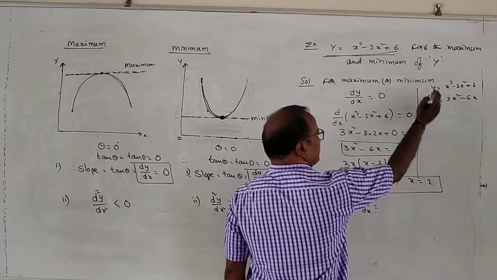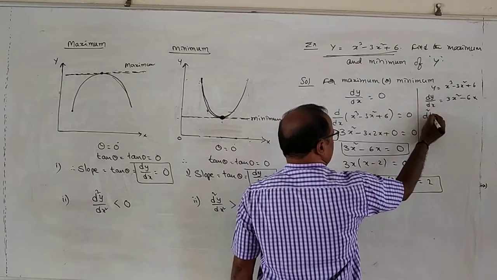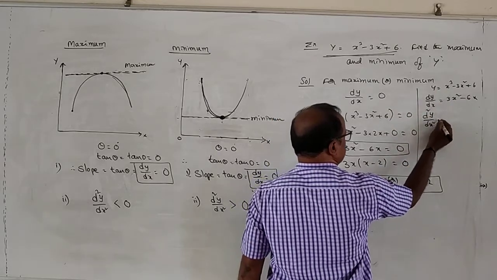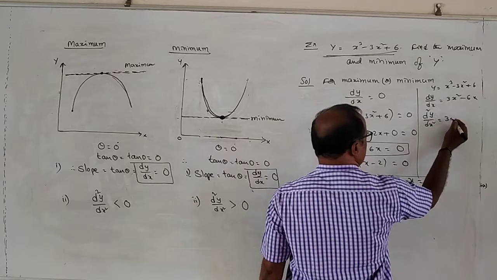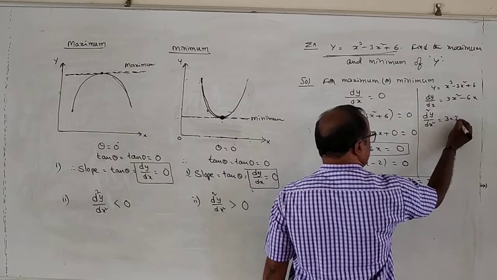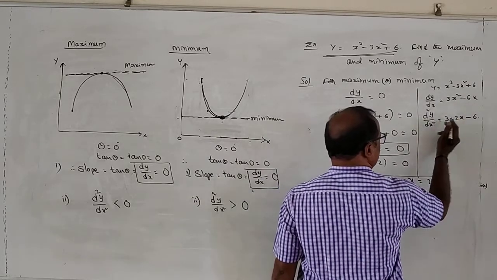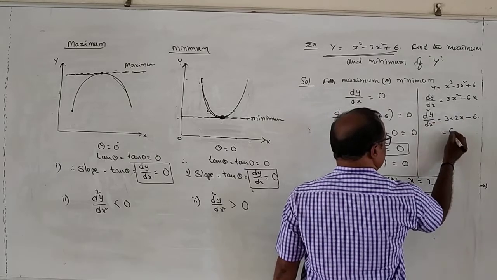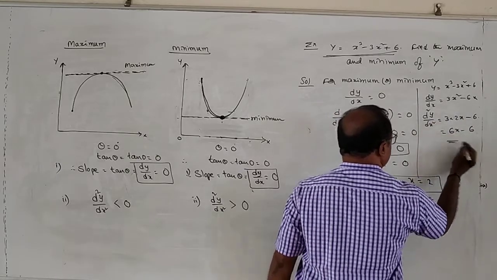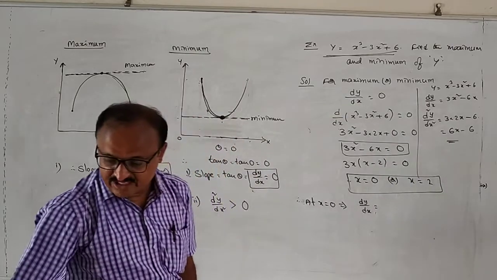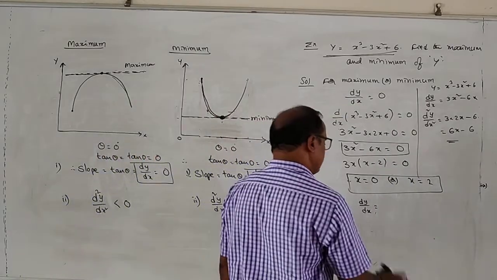Again we will differentiate the function, the double derivative. d2y by dx square is equal to 3 into d by dx of x square, which is 2x, minus 6 into d by dx of x, which is 1. This is equal to 6x minus 6. This is the double derivative of y with respect to x.